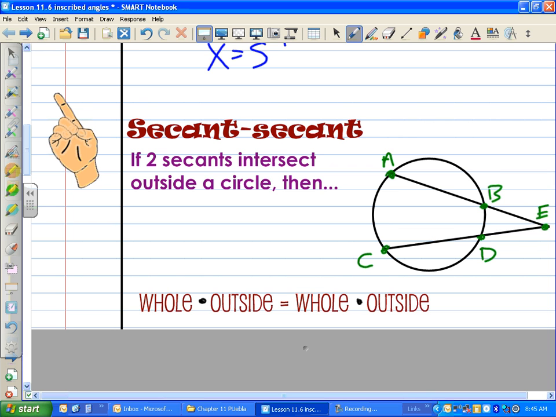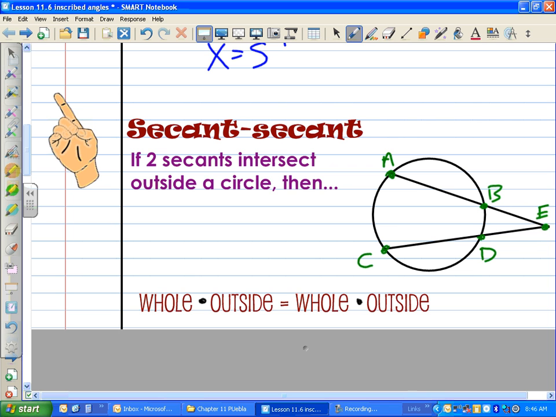All right, guys, back over here. We did chord, chord. Now we'll do secant, secant. Secant, secant is basically taking the whole. It says whole times the outside, so it's AE times BE equals CE times DE.